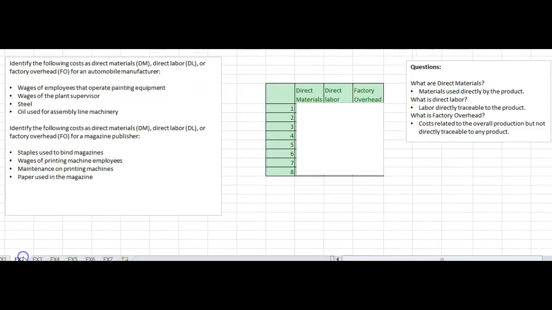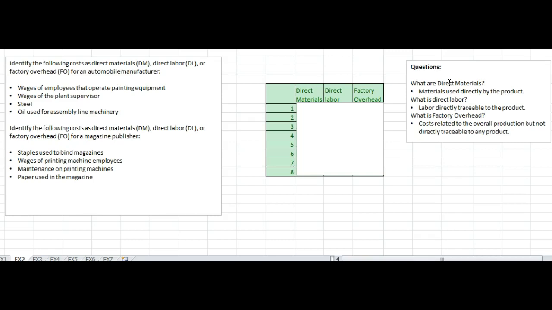So the next one we look at are direct materials, direct labor, and factory overhead. And my guess is you can pull these right out of the book, but let me give you a little bit of definition first. Direct materials are materials used directly by the product, is intrinsic in the product. Direct labor is directly traceable to the product, like the assembly people putting it together.